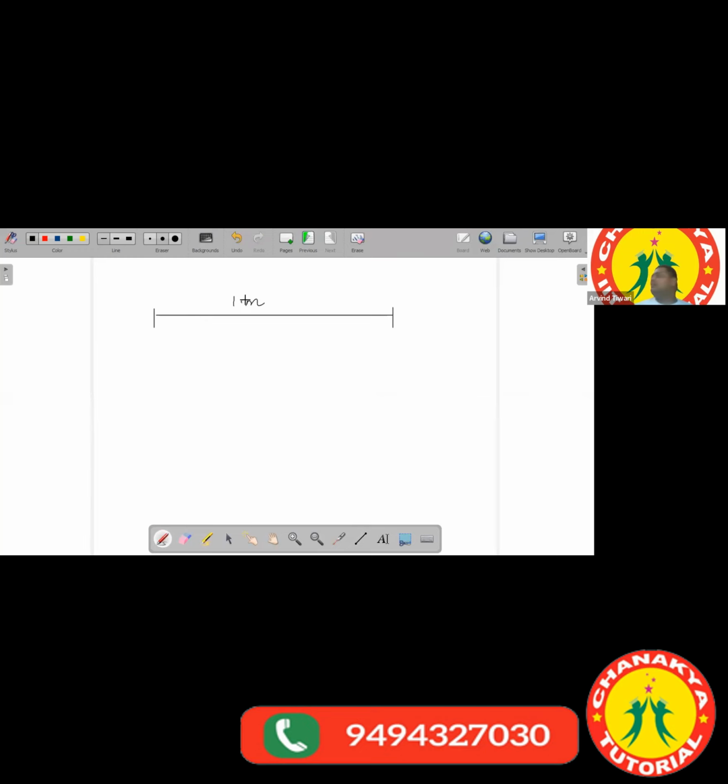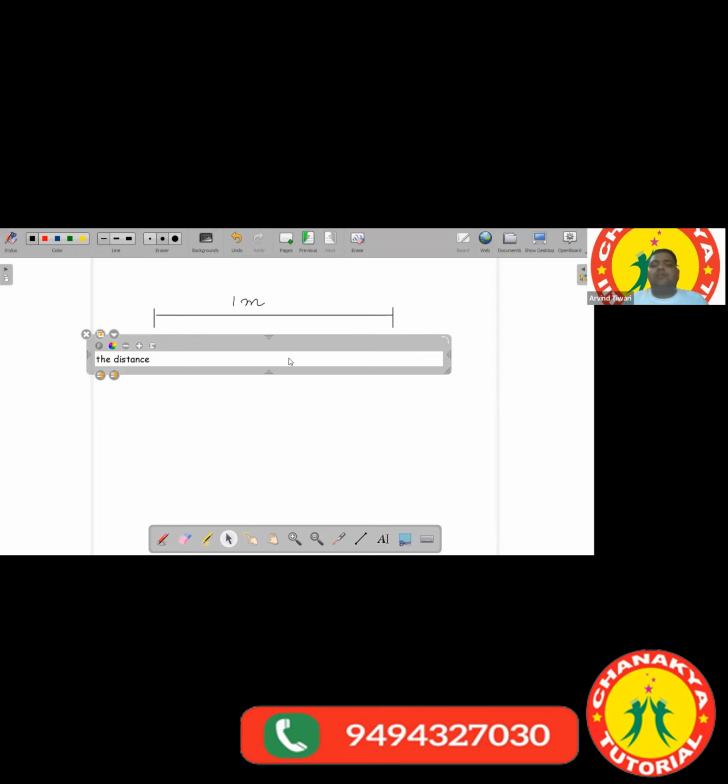See, the way we define 1 meter is defined by the scientific community in terms of the speed of light. So what distance will we call 1 meter? The distance 1 meter would be the distance traveled by light.